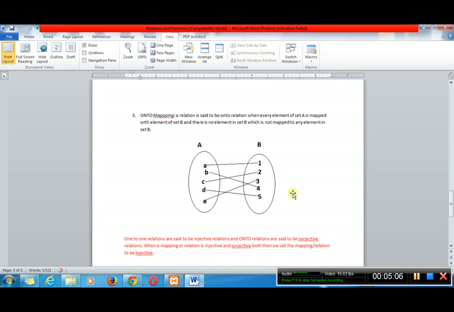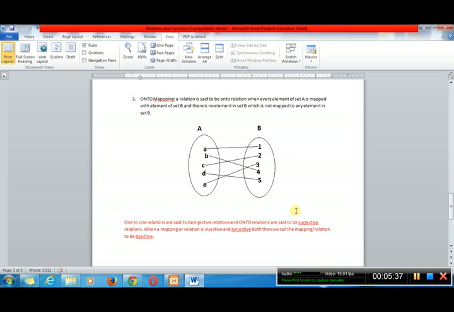Onto mapping is nothing but a mapping from A to B where no element is left unmapped. That means all the elements present in B are mapped to at least one element from A. Like 1 is mapped to a, 2 to b, 4 to c, and so on.